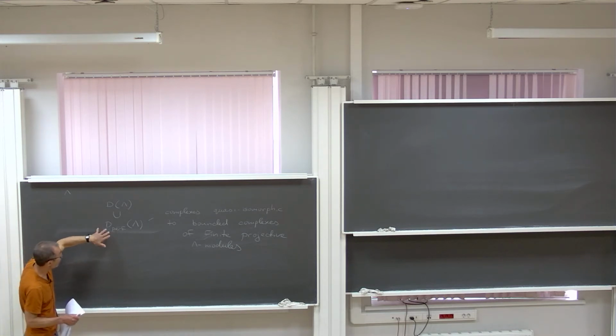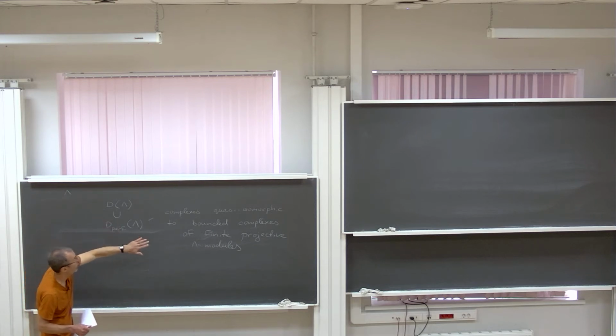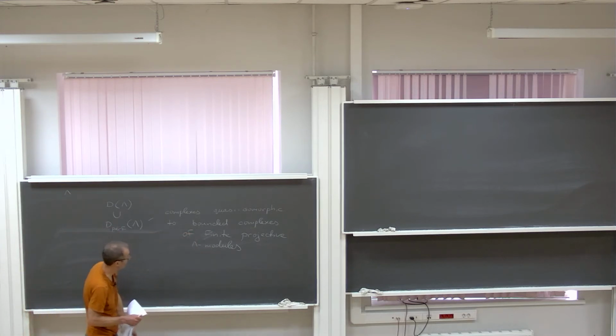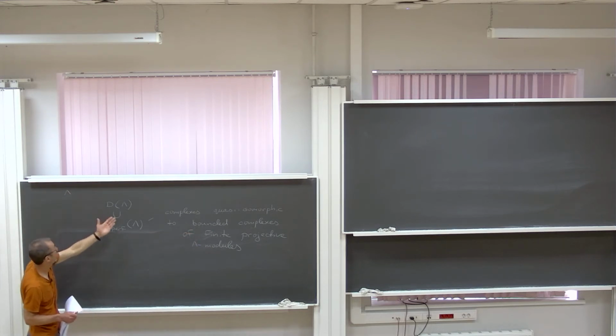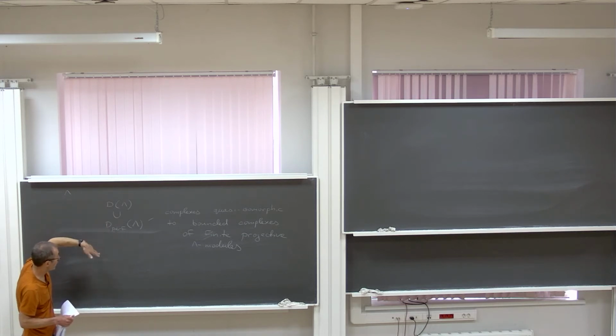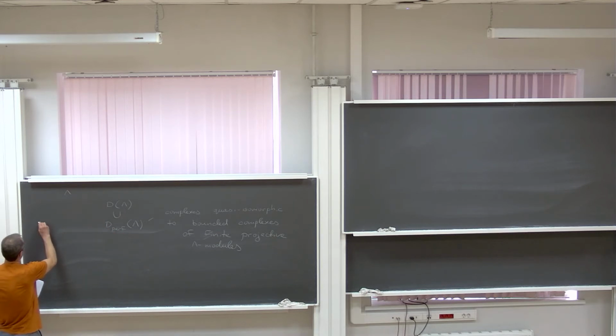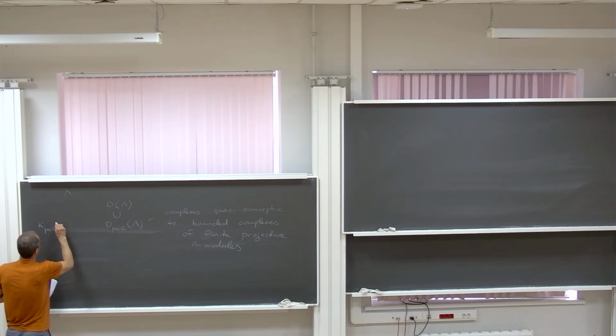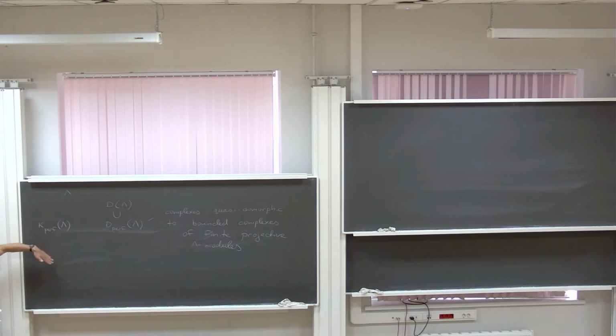So if you have a bounded complex of projective modules, then you can compute Hom in this derived category just as Hom in the homotopic category. So here I have the homotopic category of finite complexes, bounded complexes of finite projective modules.